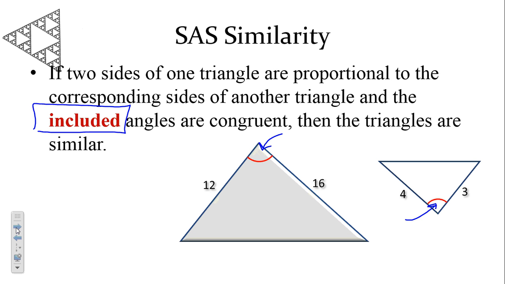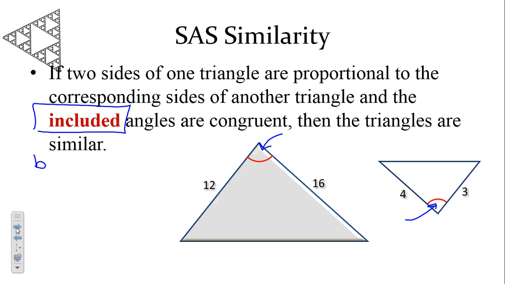So let's see if these two triangles are similar. We have a side, an angle in between it, and another side, with a side, an angle in between, and another side. So are we writing our proportions big to small triangle or small to big? Big to small.